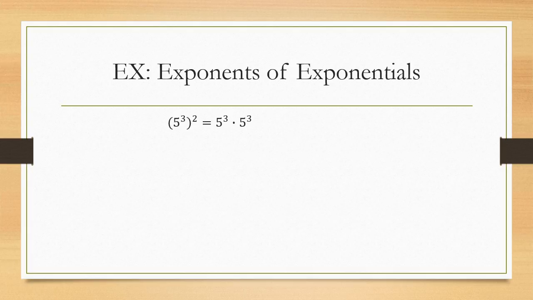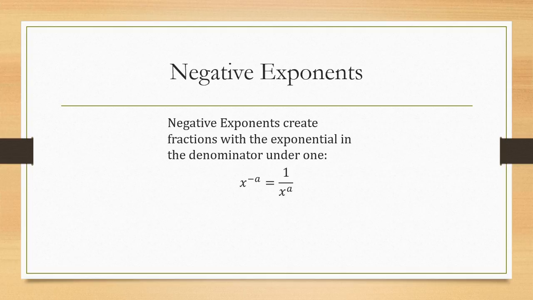So we have 2 5 to the 3rds. We're just using the definition here, right? We have 3 5s in each line, which, given its multiplication, we can get rid of this association, which leaves us with 5 to the 6th, which is conveniently just the multiplication of our two exponents.